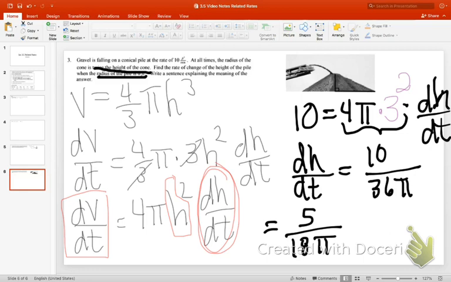If we're looking at the rate the height is changing, height is a linear unit, so this would be feet per minute.